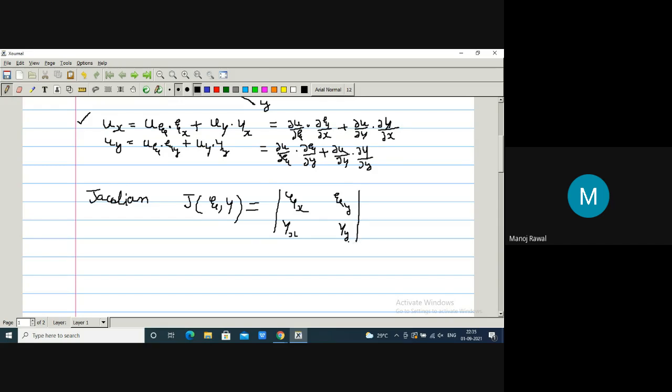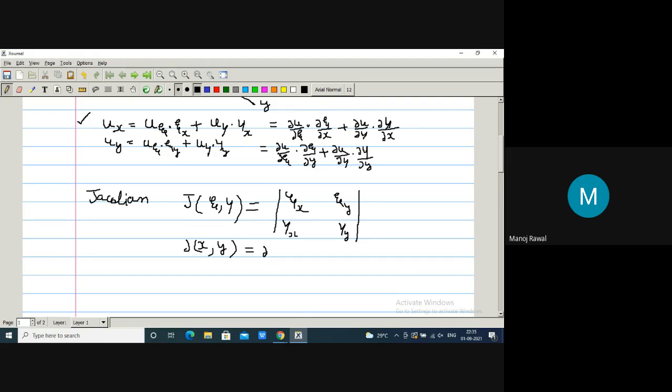Anyway, this is going to be the Jacobian of xi and eta, but xi and eta are functions of x, y. So you are allowed to replace x and y also respectively. So you can write in this way also.